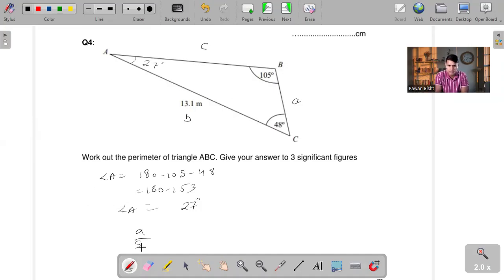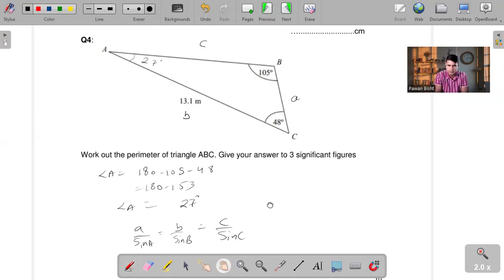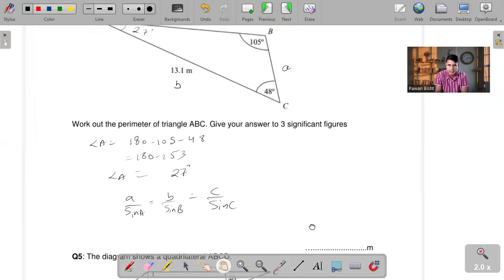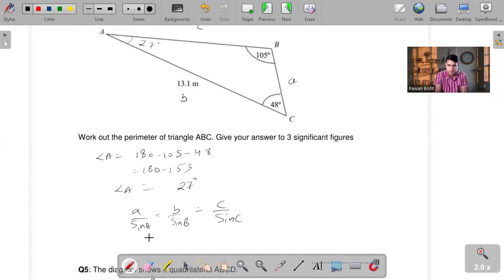So a upon sine A equals b upon sine B equals c upon sine of angle C. Okay. Now what is a upon sine A? a we don't know, but sine of angle A we know, 27. b we know, small b 13.1 upon sine of angle B, sine 105. c we don't know, but sine of angle C we know, 48.